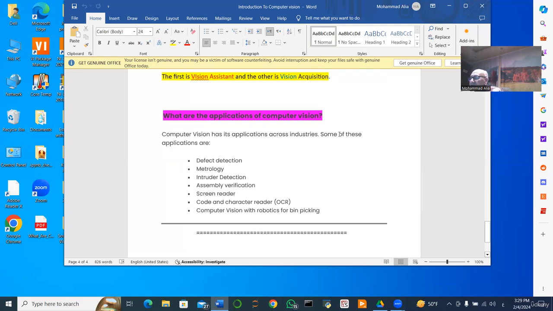What are the applications of computer vision we have? As I mentioned, one of them is quality assurance or quality control, or generally it could be shown as defect detection. The other area of application is measurements, metrology, where you are supposed to measure distances, to find the center of mass, for example, to find the midpoint between two points, to find the center of a circle.